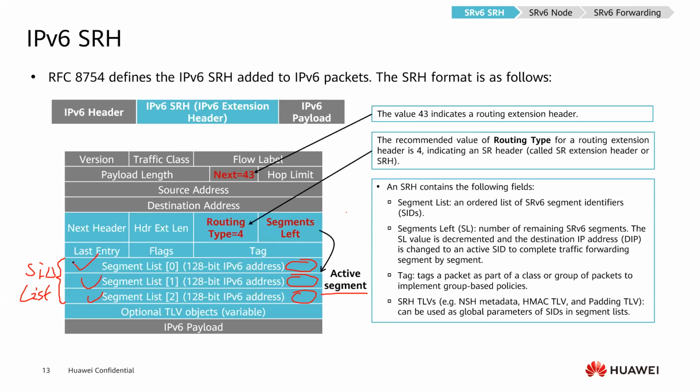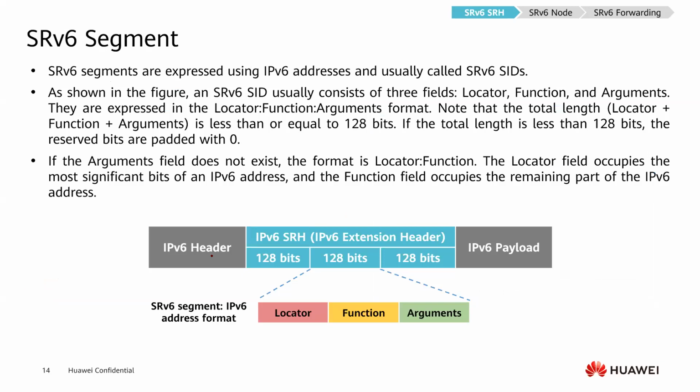Okay, we talk about segment now. For SRv6, the segment length is 128 bits, the same length as the IPv6 address. This SRv6 segment can be divided into 3 parts: locator, function, and argument.